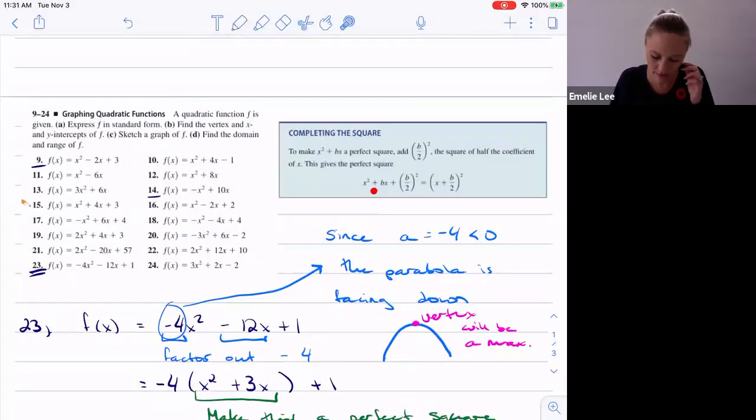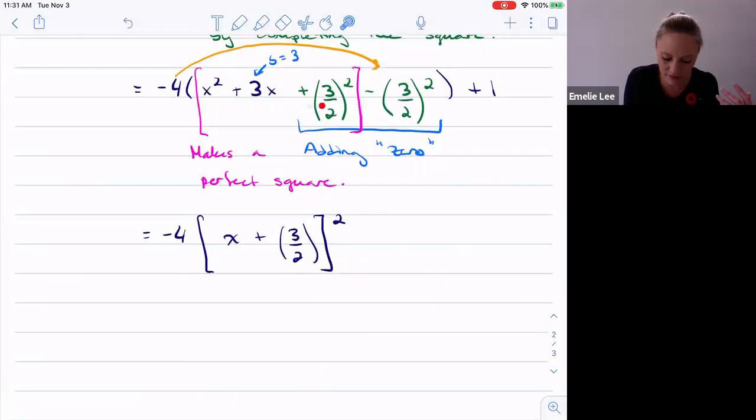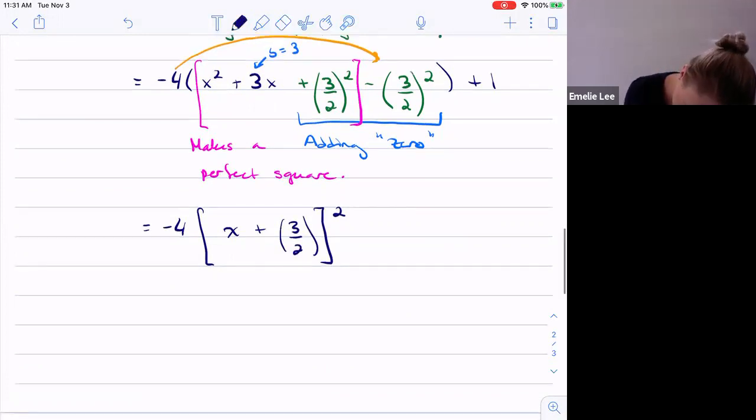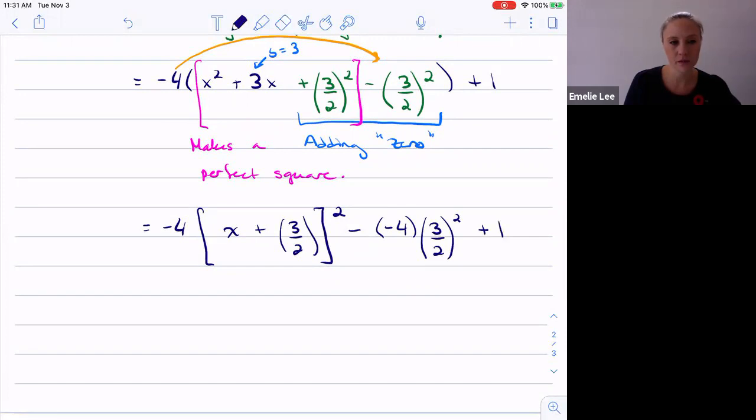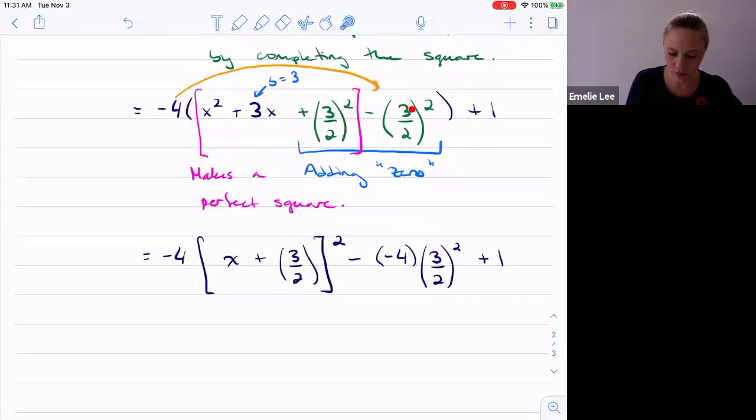Going from here, I can rewrite it as x plus b over 2 all squared, so perfect square. So I've rewritten this as x plus 3 over 2 all squared. Then I've got minus -4 times 3 over 2 squared plus 1. Okay. Right, I had to bring this -4 over here as well when I multiply it out.